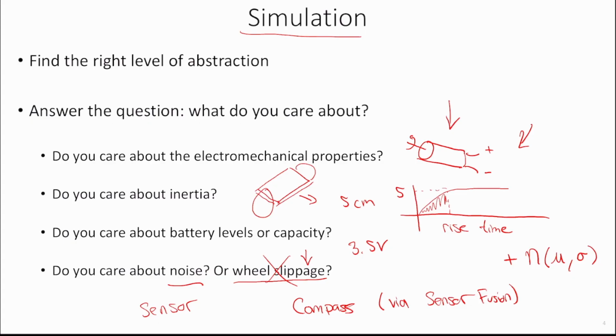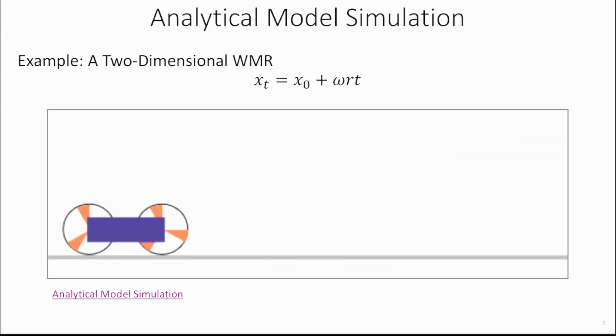So when we talk about simulation, we can really start with the simplest version, called an analytical model, also sometimes called a closed-form solution. And I'll start by just saying sometimes this doesn't exist.